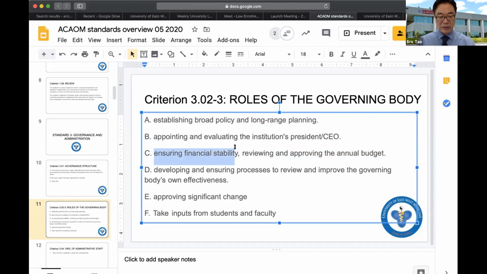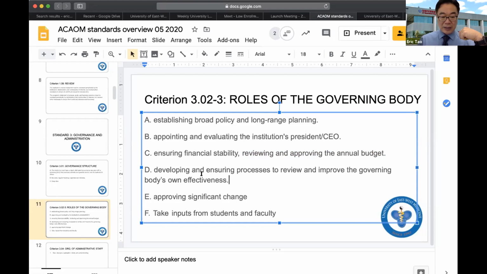It's the board. For financial stability, they review and approve the budget. When they approve the budget, let's say we need $300,000 more, and they approve it, they are responsible to find the funds. And we, the managers, are responsible to execute the budget.